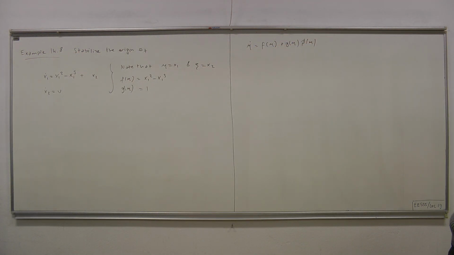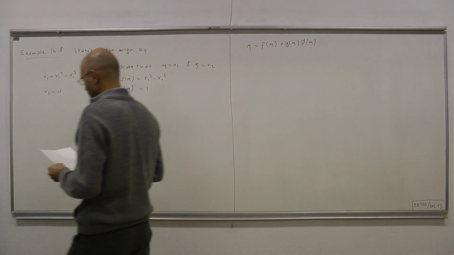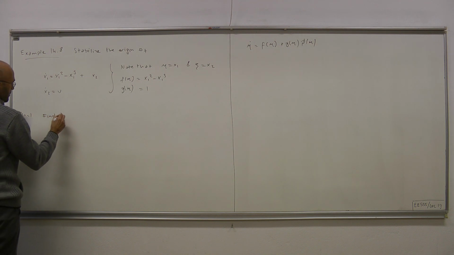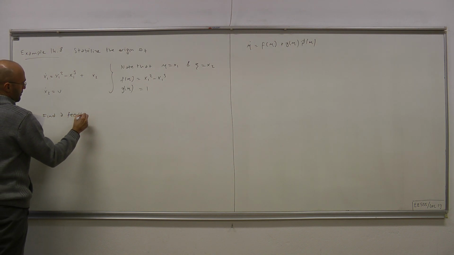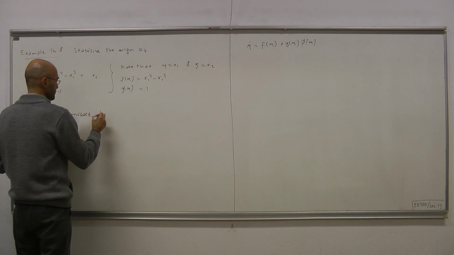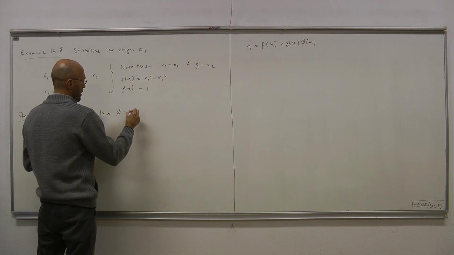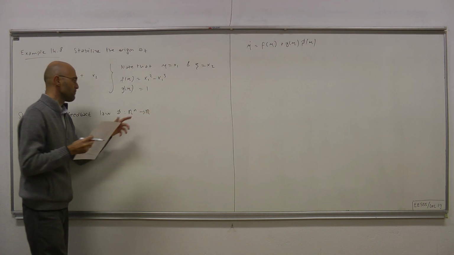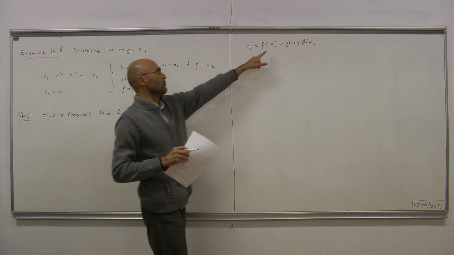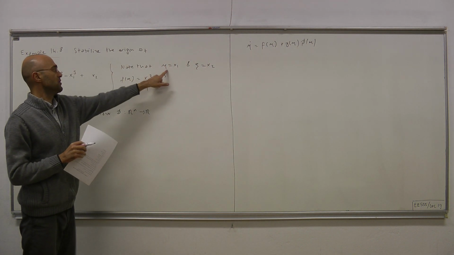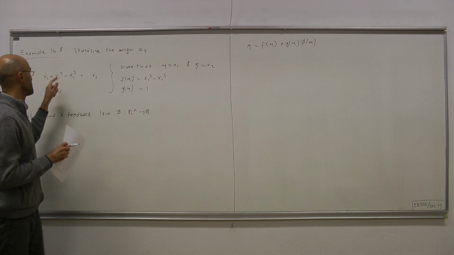So the very first step, step 1, or even step 0, is to find a feedback law phi from R^n to R. n was the dimension of the vector eta. Eta is in our case x1, and x1 is a scalar.